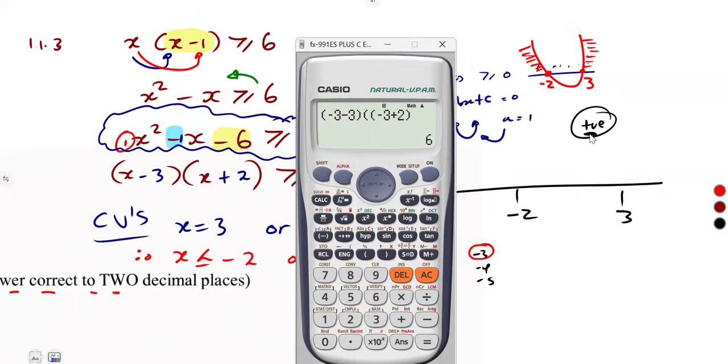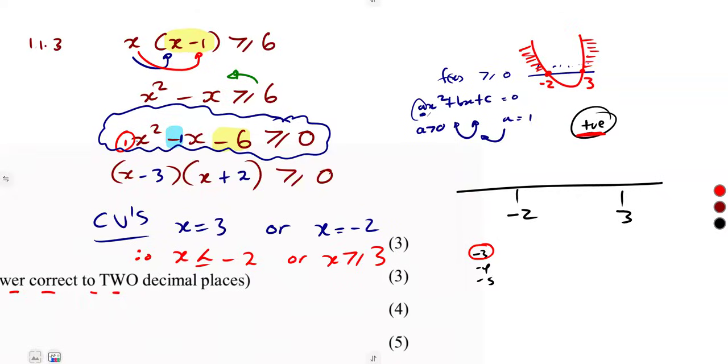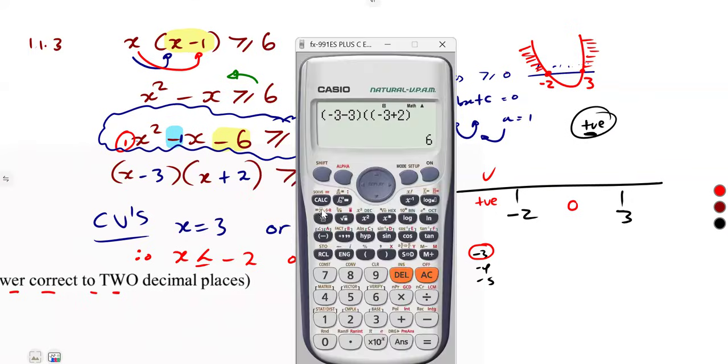Like I said, we need a condition that will give us positive values. So here we are obtaining positive, which is exactly what we want for values less than -2. What about in between -2 and 3? We can choose any value, even 0. If our x is equal to 0, just substitute in place of x.